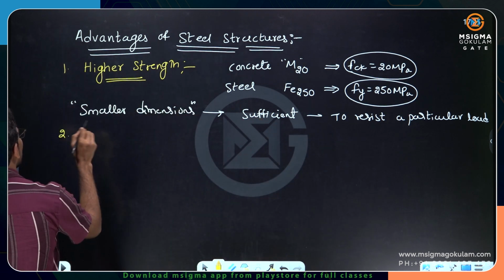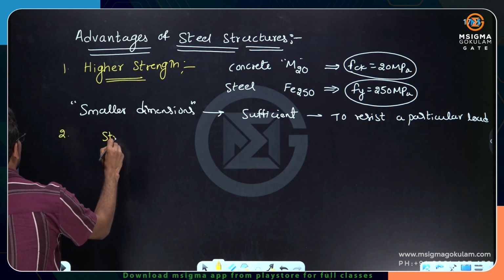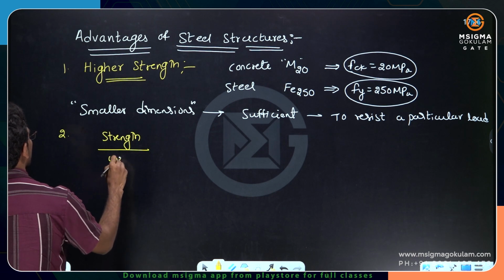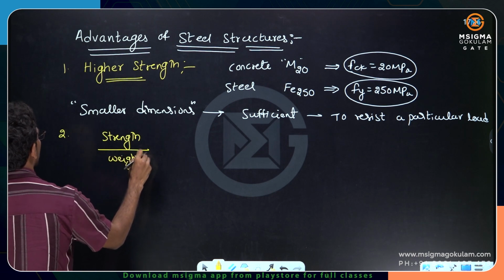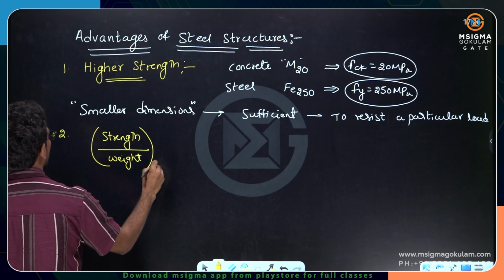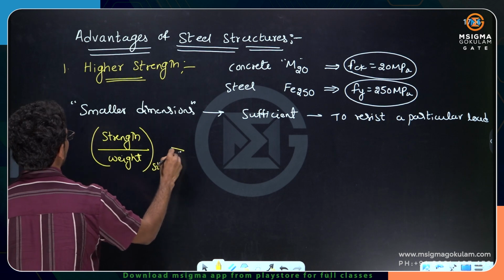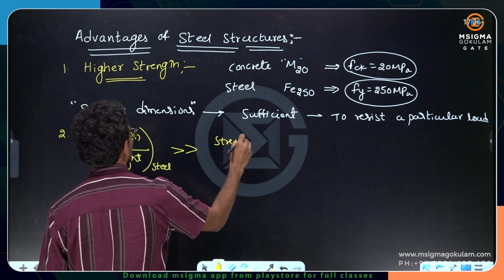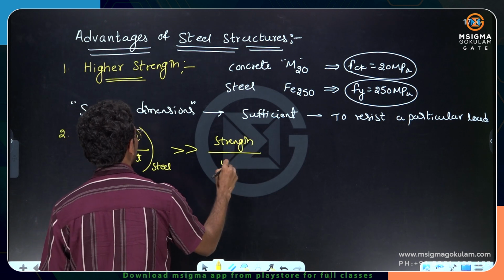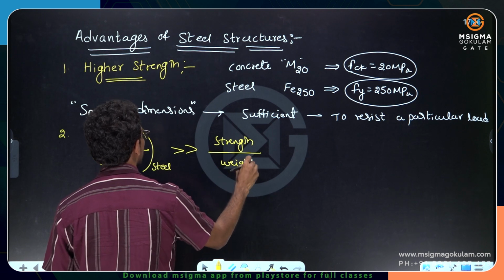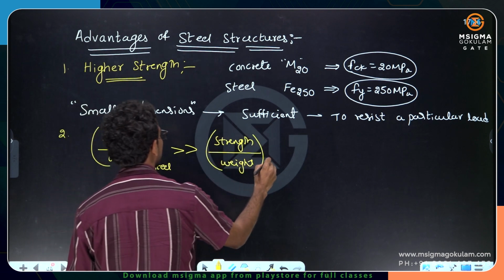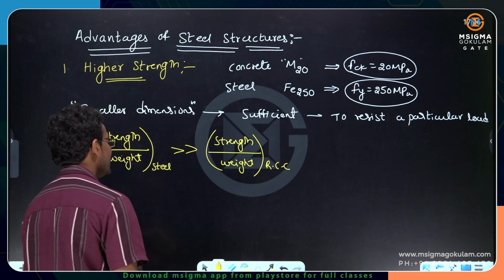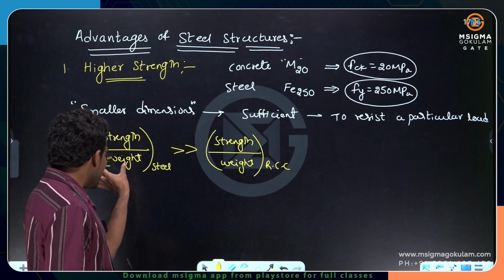One more thing is the strength to weight ratio. The strength to weight ratio of steel is much greater than the strength to weight ratio of reinforced concrete. Which implies that steel is having less weight.